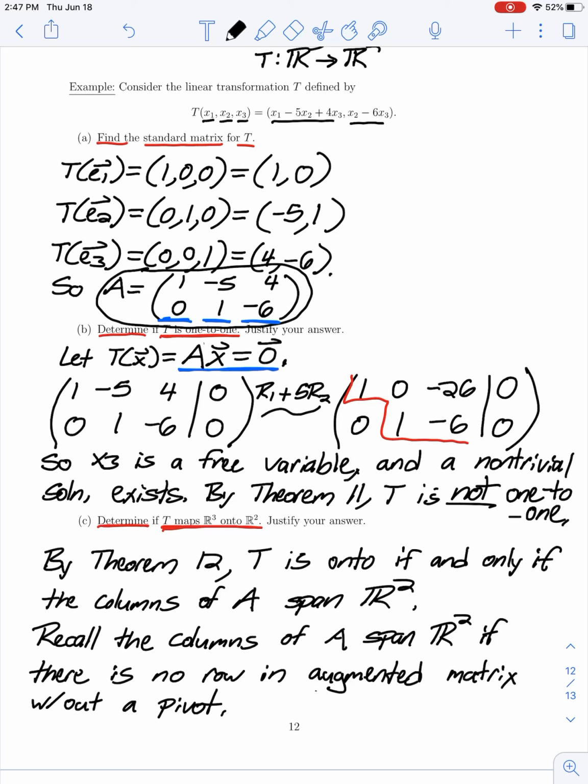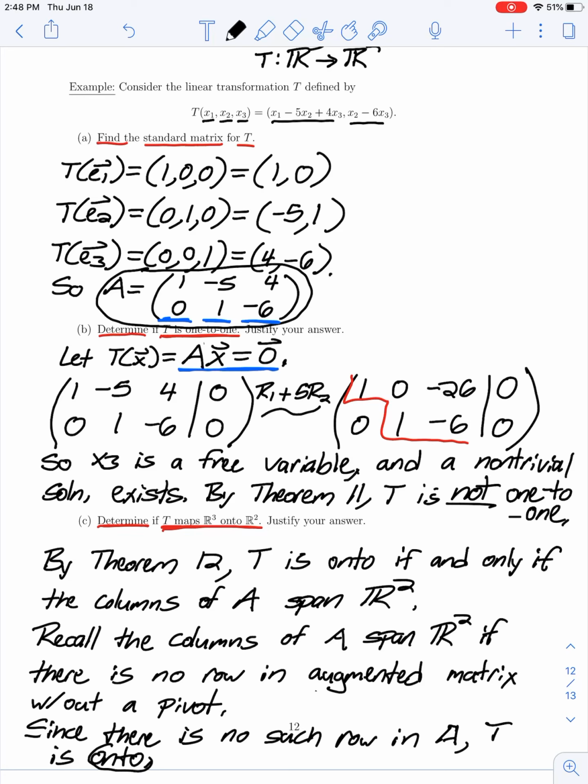Since we see from our augmented matrix that we had looked at in part B, we have a pivot position in every row, we can say, or since there is no such row in A, the transformation T is an onto transformation.